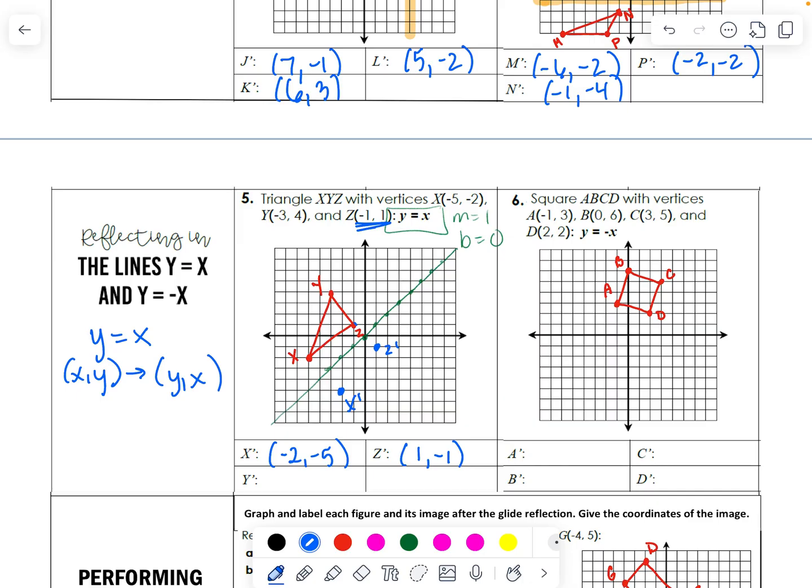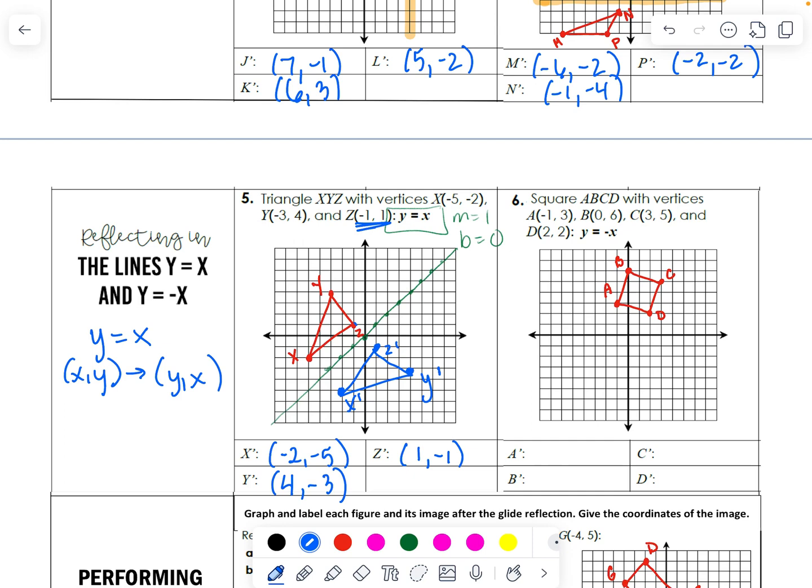Makes sense with its relationship to X. And Y prime, if we switch, would be 4, -3. So that's 1, 2, 3, 4. 1, 2, 3. Y prime would be right there. So I can definitely see that flip over the diagonal.